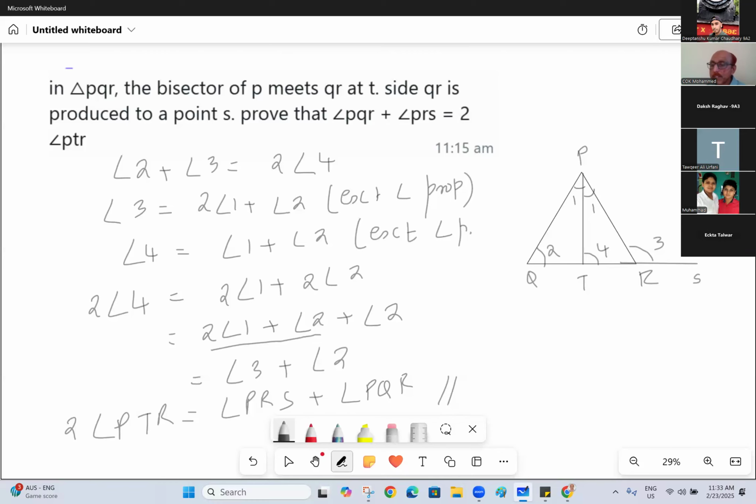Sir, I have a doubt related to the textbook. Okay, tell me. 25a square minus 35a plus 12. We need to factorize this. This one is done, can I erase it? Yes, sir.